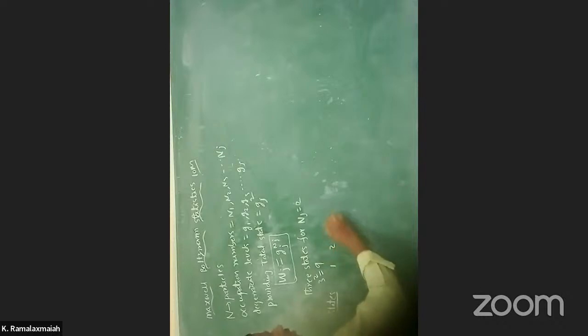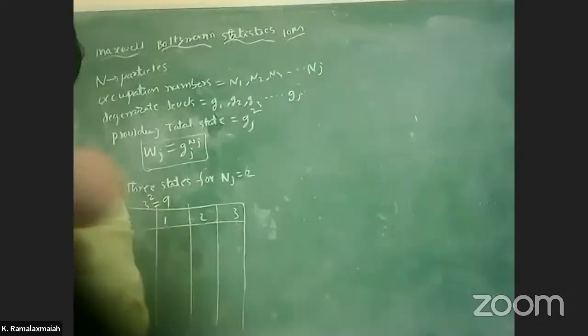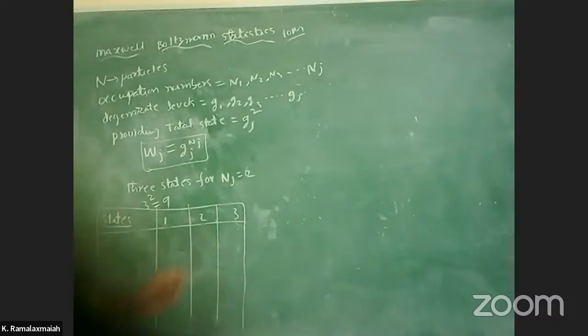First is Maxwell-Boltzmann, second is Bose-Einstein, third is Fermi-Dirac. For Maxwell-Boltzmann the value is 3 square, which is equal to 9.